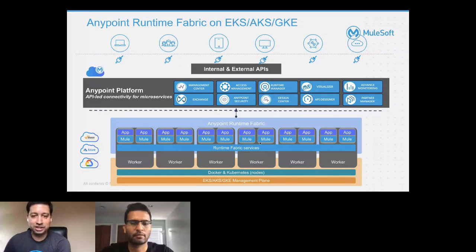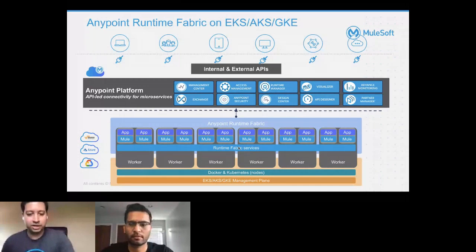So all these offerings, and we'll dive into this component in the next slide more, are managed by the customer. And that's where the term self-managed Kubernetes comes from, including the management plane, which is managing the whole RTF cluster with the apps and the worker nodes.